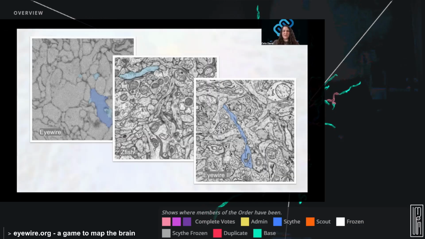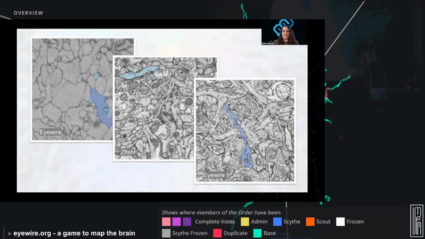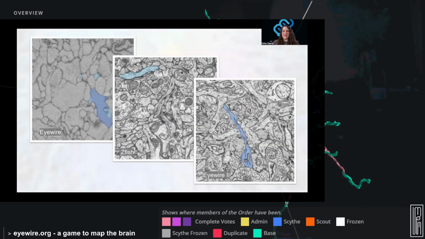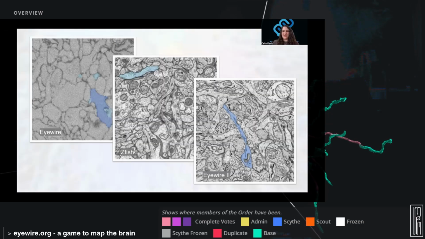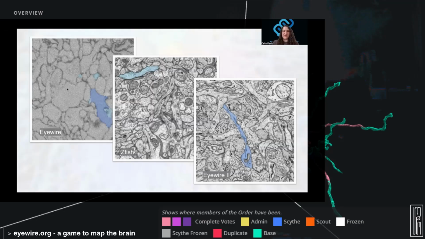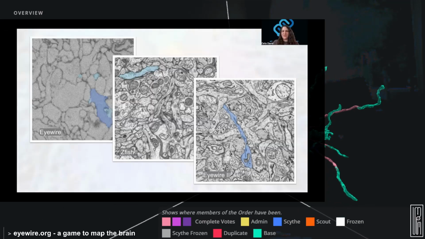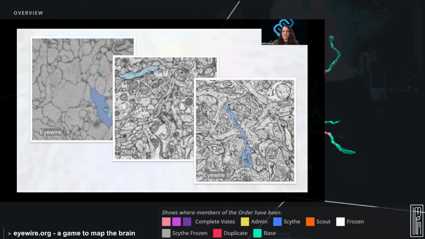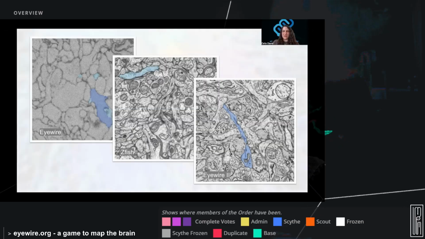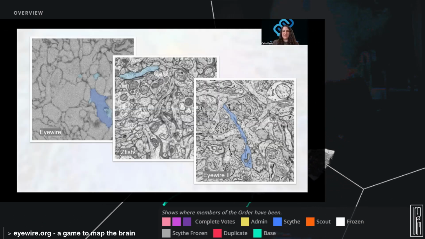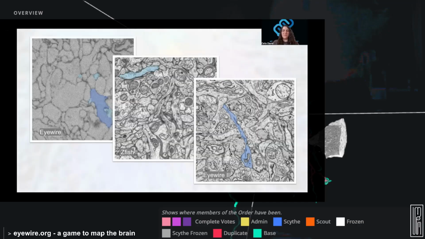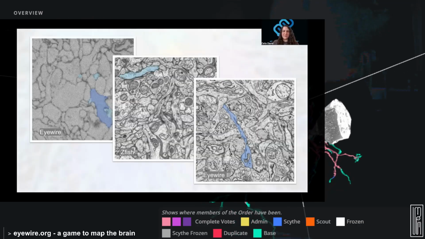So this is a lot closer to what you'll be working with in EyeWire 2. But you can see that the imaging in EyeWire 2 allows for a lot more information that we don't have in original EyeWire. You can see a lot of the internal structures of the cells, mitochondria and other various internal organelles, that are also beneficial for scientific research.